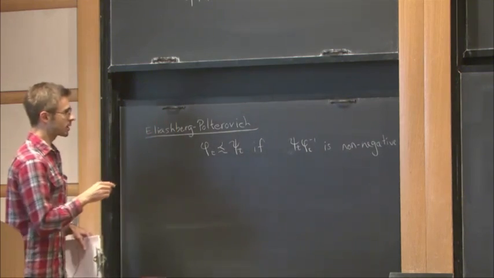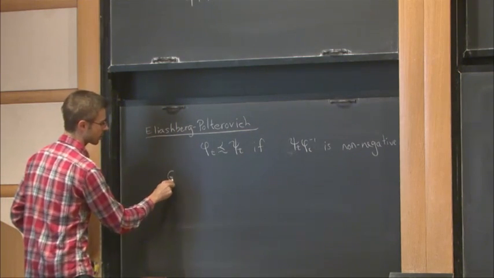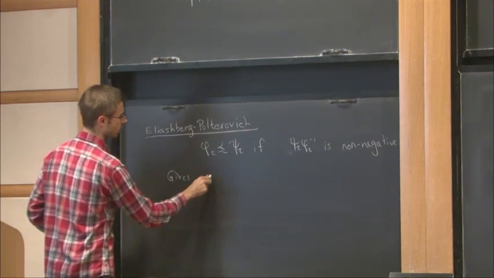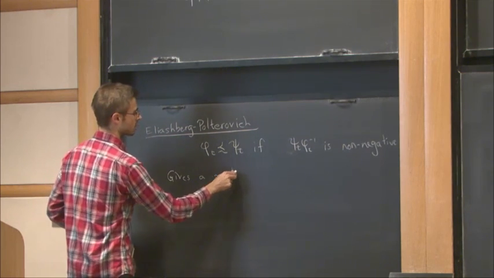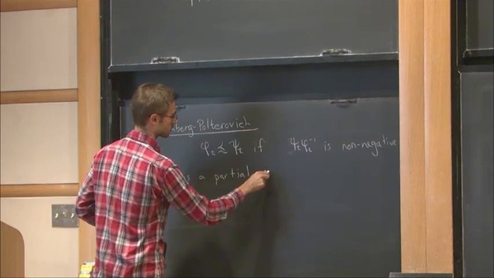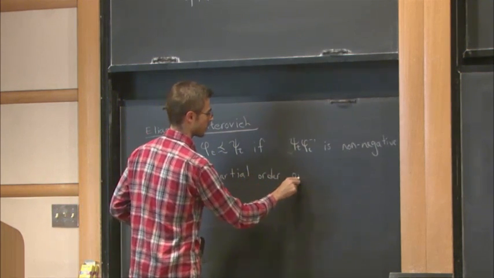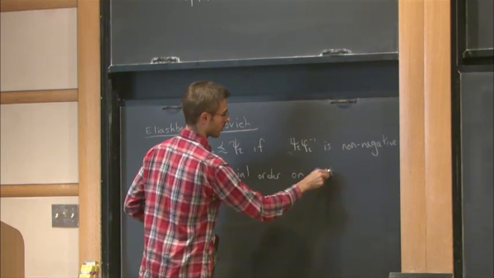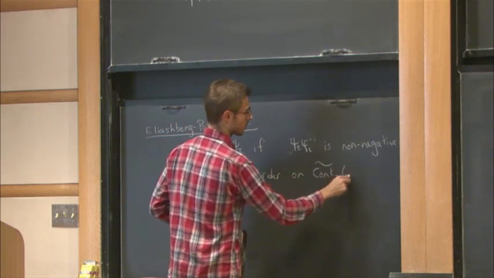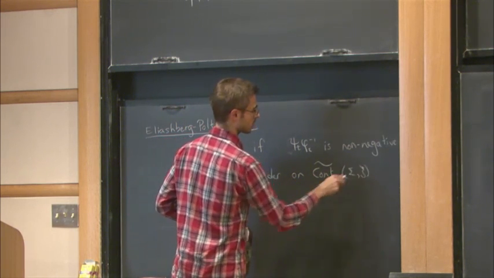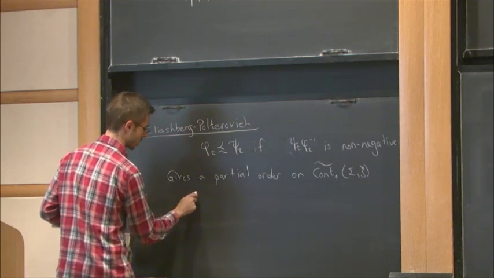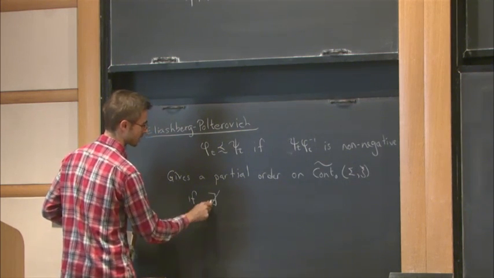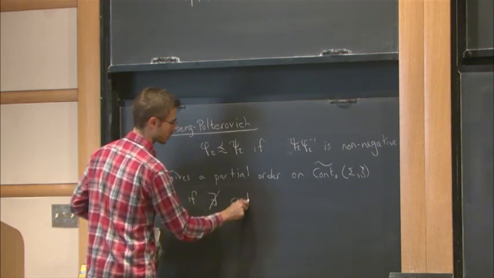And this actually gives a partial order on the universal cover of the identity component under one condition: if there do not exist contractible p-loops.